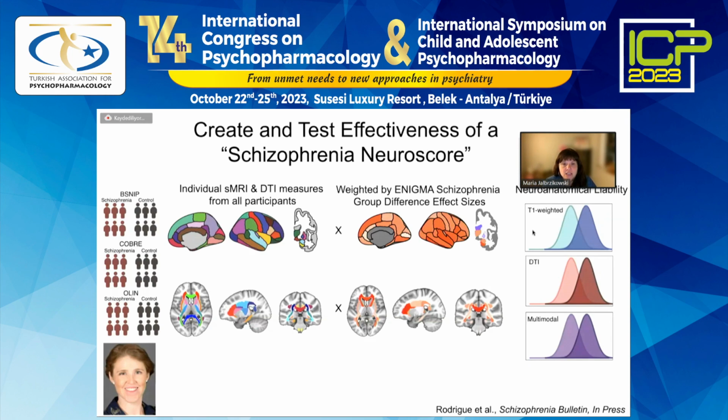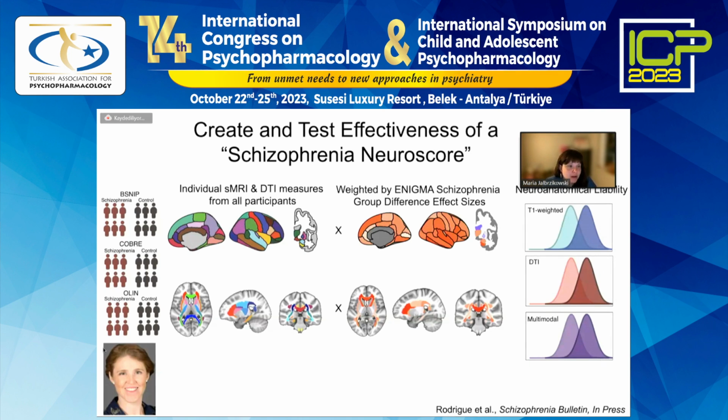We calculated a score for T1-weighted structural MRI, diffusion-weighted MRI, and then a multimodal score that was a combination of both. And for those of you who do genetic work, this is analogous to a polygenic risk score for a particular phenotype. But in this case, a higher score putatively indicates greater neuroanatomic liability for a particular phenotype.